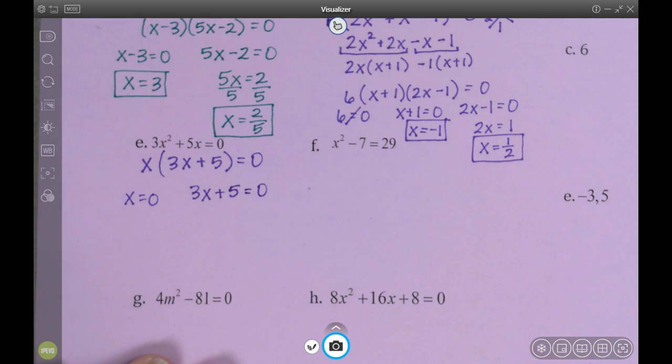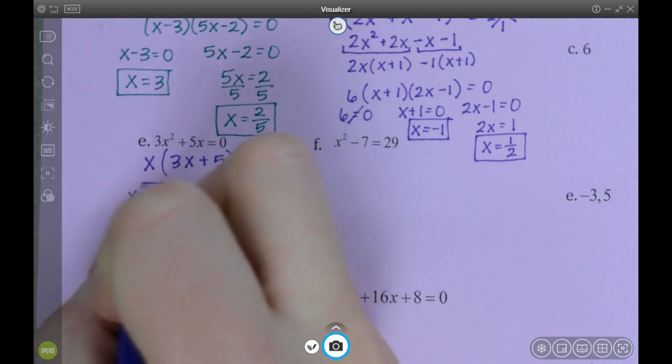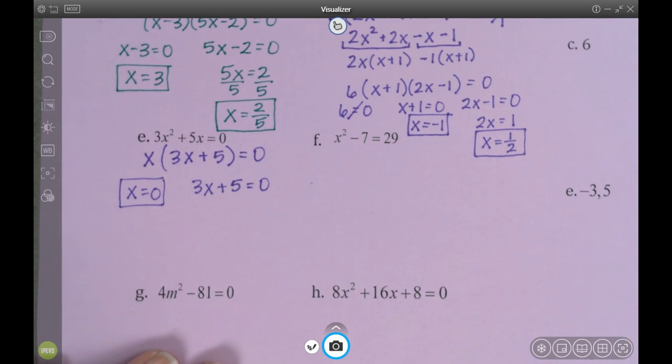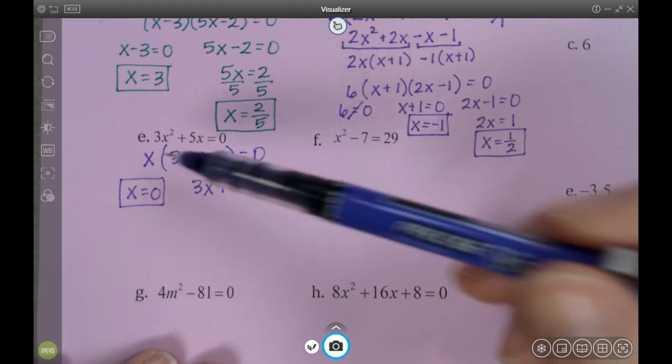See, y'all thought this was going to be hard. Okay, that first one's already solved for you. X does equal 0. How do we know x equals 0? Because it's your GCF. It's one of your factors.